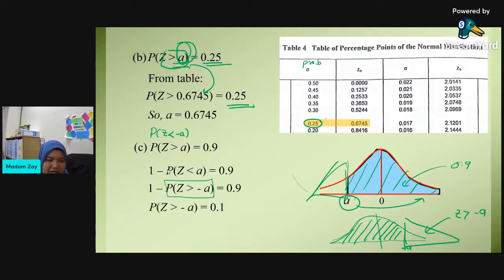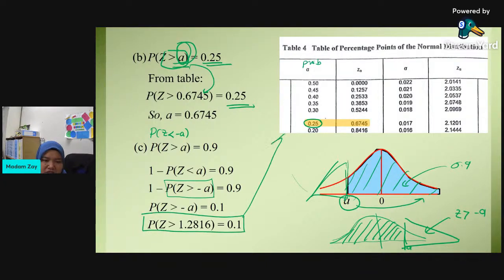Okay, sebab dia tak kisah nilai Z itu positif ke negatif sebab dia boleh jadi belah kiri kosong ataupun belah kanan kosong. So, sekarang ni daripada table kita tahu 0.1 tadi kita dah gunakan untuk soalan A. Nilai dia adalah 1.2816. Probability of Z more than 1.2816 is equal to 0.1. Ini daripada statement soalan A yang kita baca daripada table.